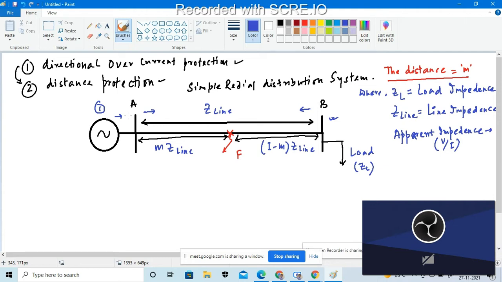Suppose in the first condition no load is connected, so for that case the system is under unloaded condition.